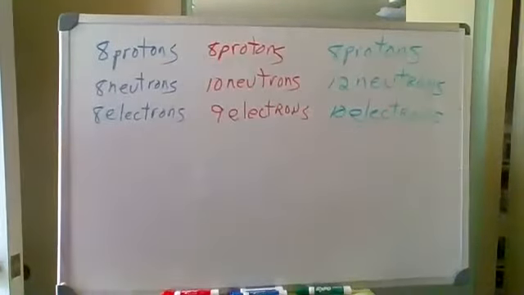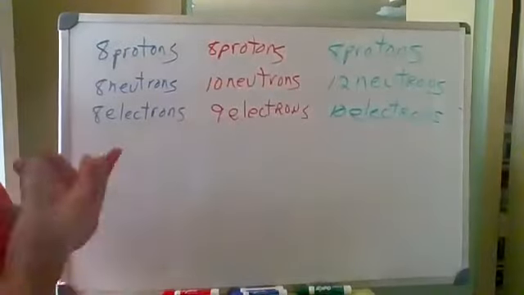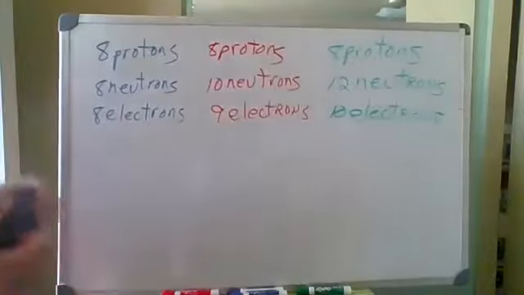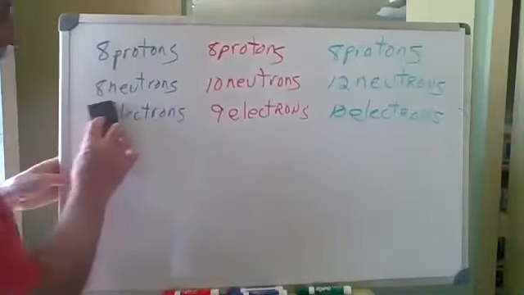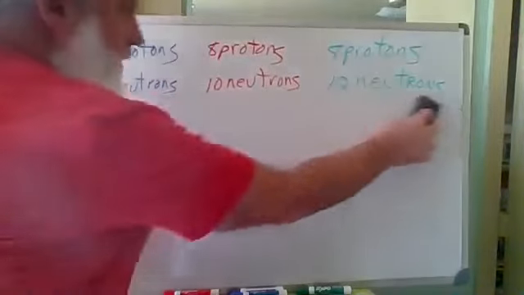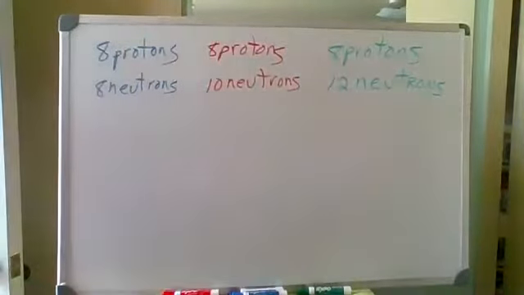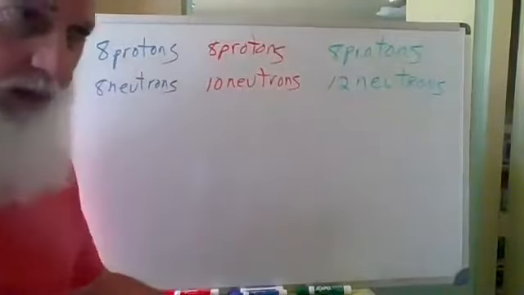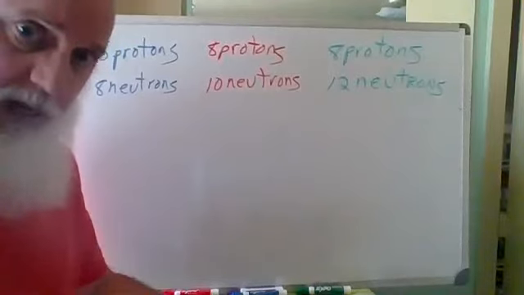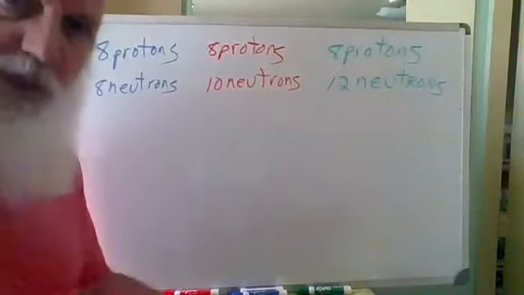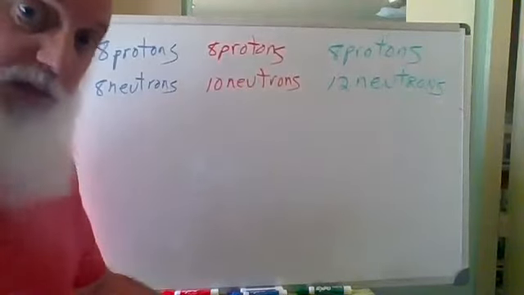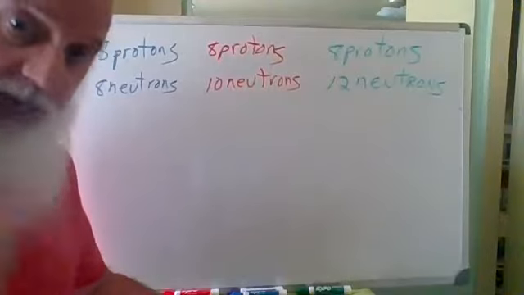Now, we have to have some symbolic way of differentiating between these three atoms. Isotopes aren't concerned with electrons, so I'm going to erase the electrons. One thing I do want to mention here is that isotopes, as far as chemical reactions are concerned, have essentially zero impact, because chemical reactions deal with the valence electrons on the outer edge of the atom.